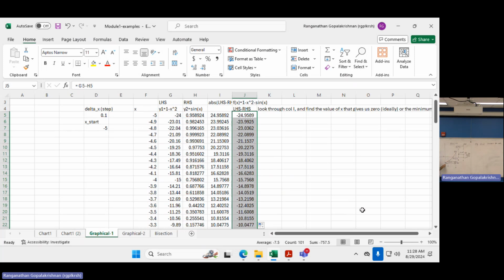F of A is on the other side of it, by definition opposite side. So the product of these two will be negative. You can also write the statement, if A and B contain the root, this implies f of A, f of B is less than 0. If this is less than 0, that also implies A and B contain the root, or the range A and B contain the root.